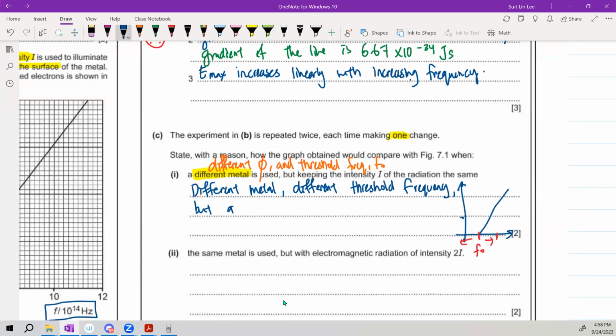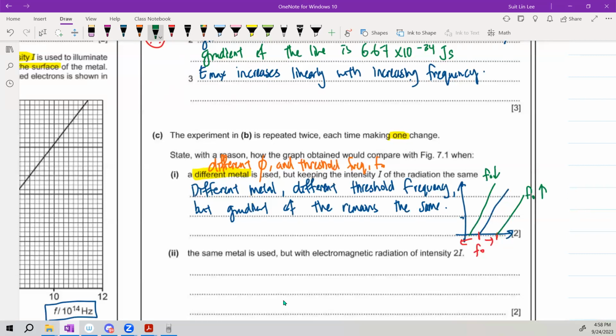But the gradient of the line, since it's the Planck constant, remains the same. So something like this could also be something like this. Depends on whether the work function threshold frequency decreases or this side threshold frequency increases.